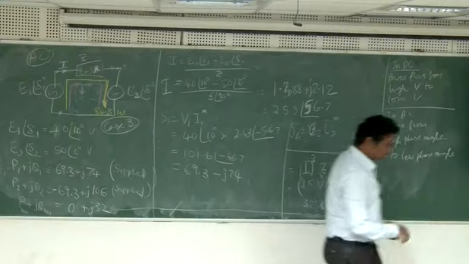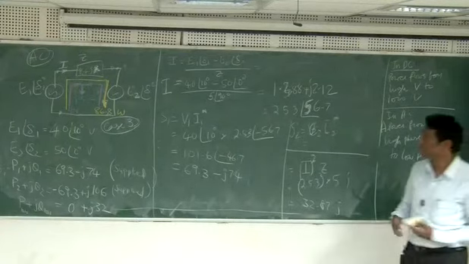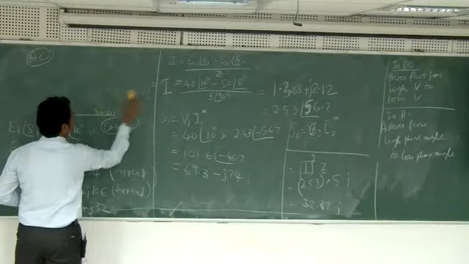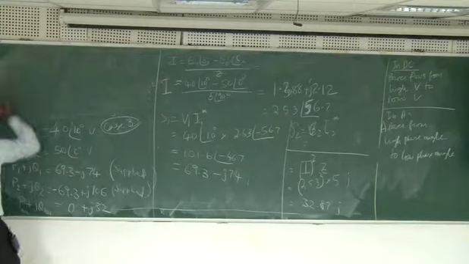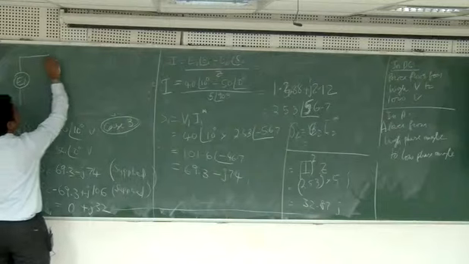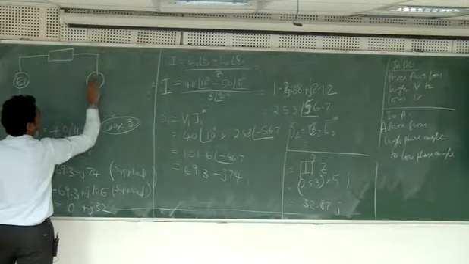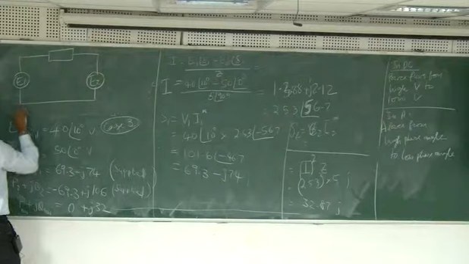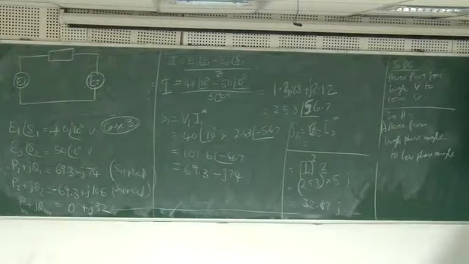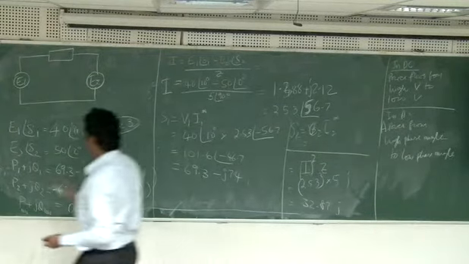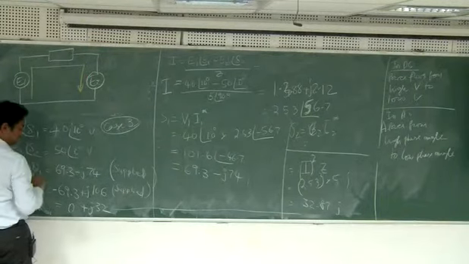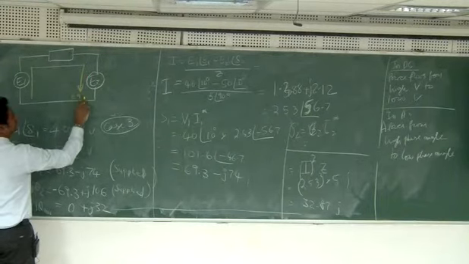Okay. So now to draw the picture, what is happening? I'll just change this. So maybe I'll just draw it more neatly. So this is E1. This is E2. Okay. So the active power is like this. 69.3.